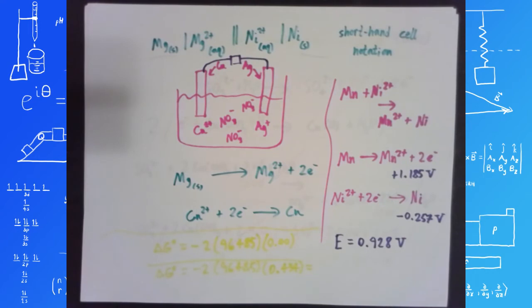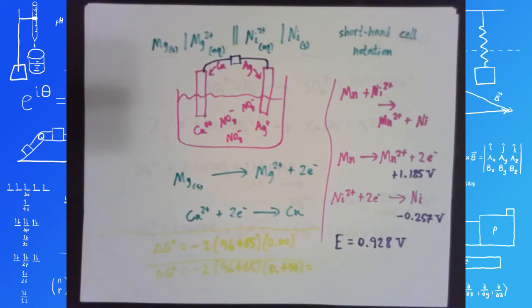The negative 2 is an exact number, so I don't have to worry about it in terms of sig figs. 96,485 is 5 sig figs times 0.434 is 3 sig figs.